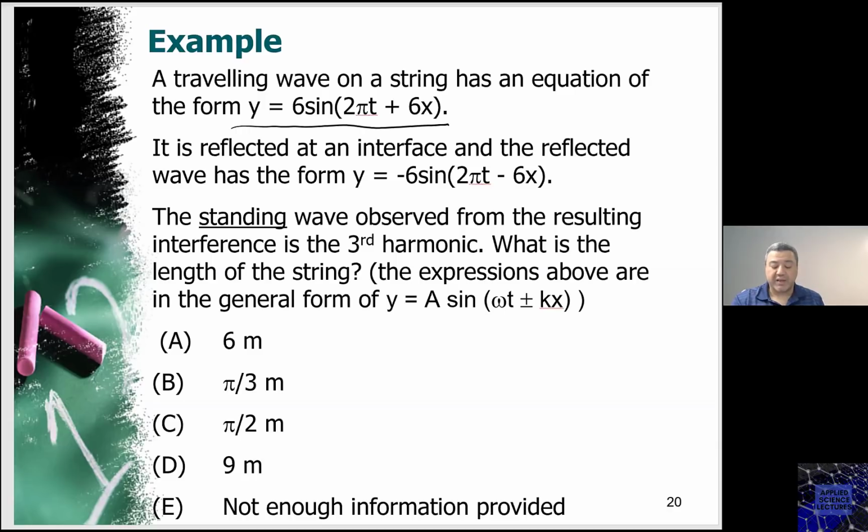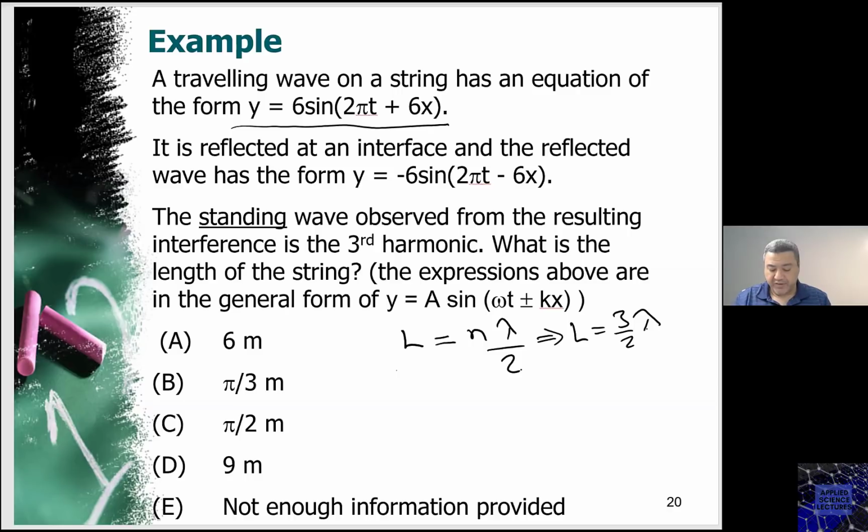What is the length of the string? We know that L equals N lambda over 2. Third harmonic means L equals 3 over 2 lambda, right?